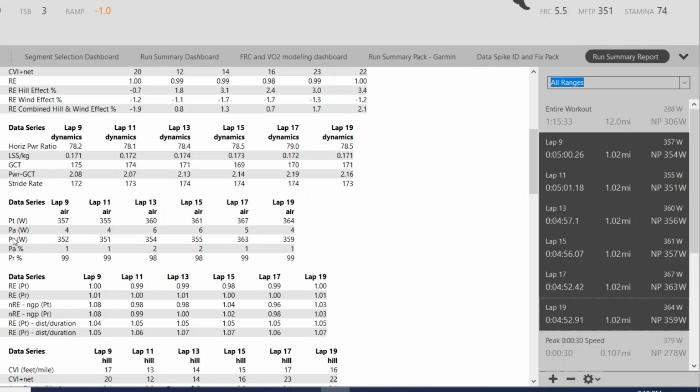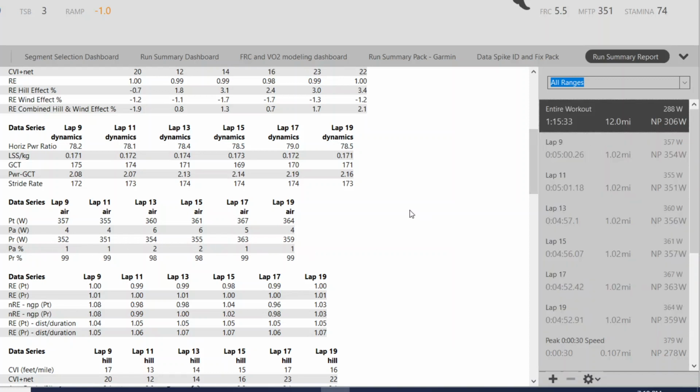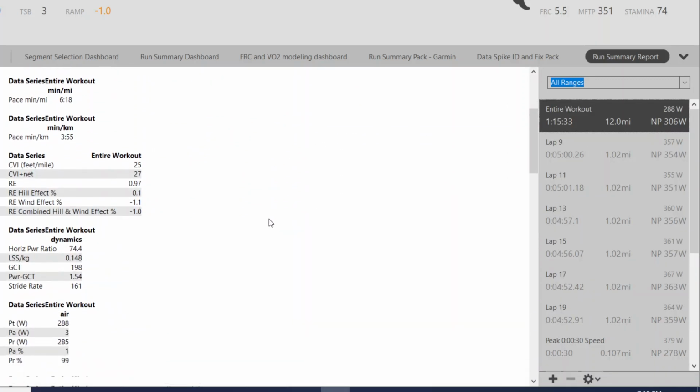PR is what you're going to get if you take your pod onto a treadmill. It's what you would get if you have a non-wind pod, because air power is not reported. Air power is added on to the PR, the non-wind power, to give you the total power. So this allows me to decipher that. I use this component primarily. I look at what the percentage is. That's one of the first things I do as I'm scrolling down.